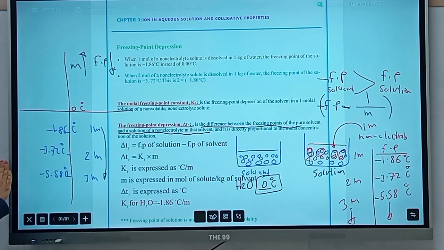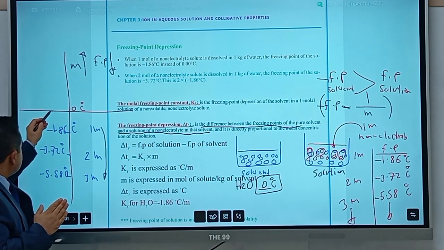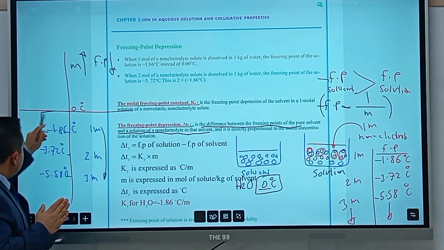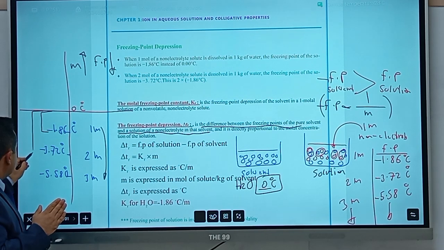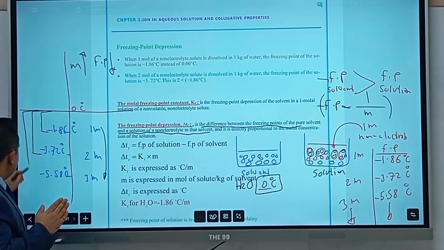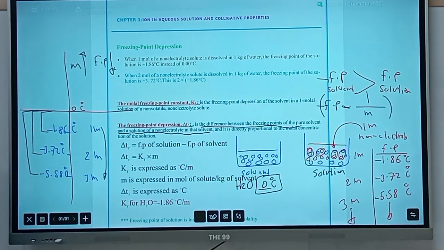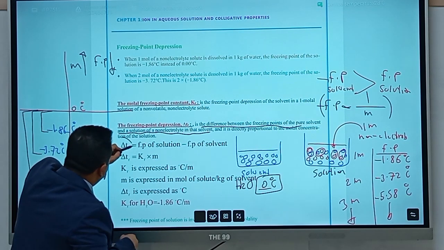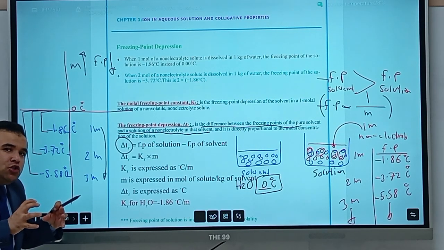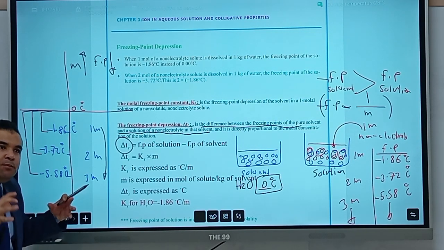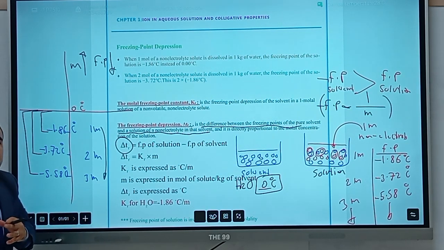So when we have differences between the freezing point of the solvent and the solution, this is first, second, and third. And the freezing point depression, guys, in our book is represented by delta TF. Delta TF means change in freezing point between the solvent and the solution.